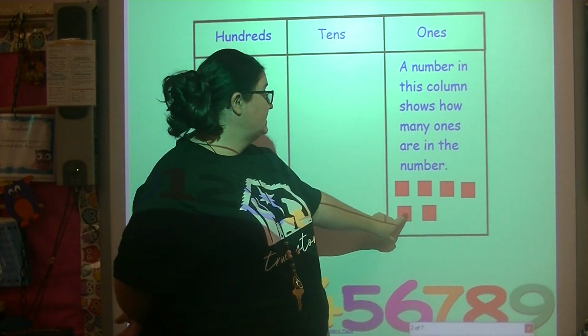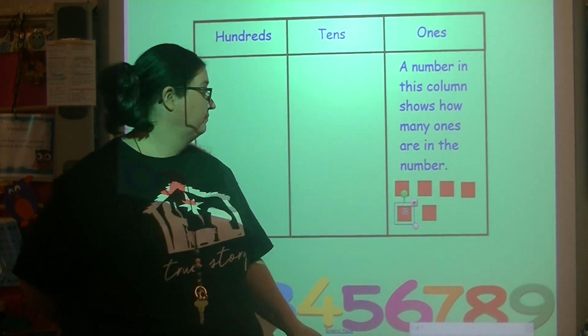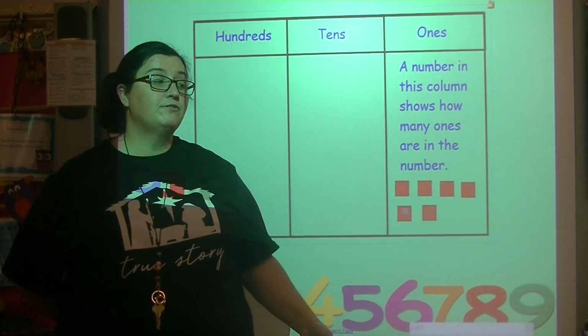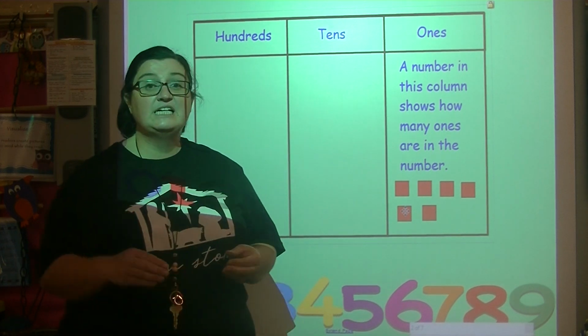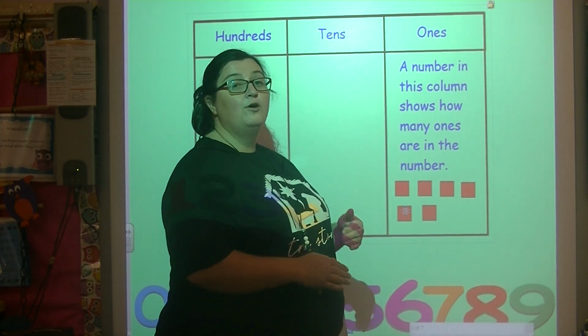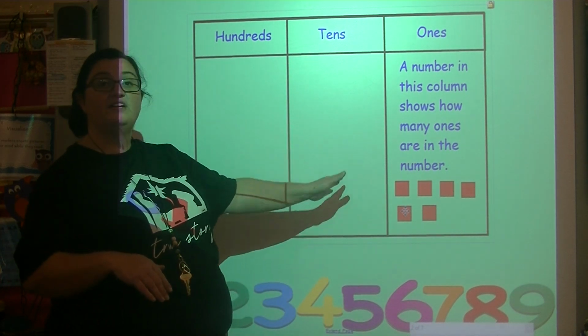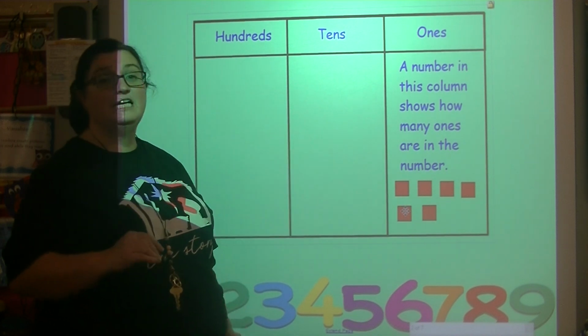You can have a digit here from 0 to 9. So we can put blocks or cubes in here to represent a digit from 0 to 9. After you get 10 of those, we can put them together and stack them to form a group of 10. And we would put them in the tens column.